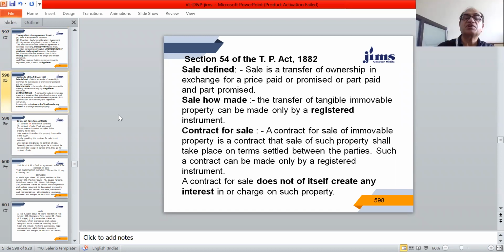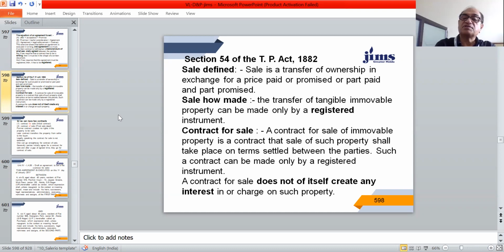Sale is a transfer of ownership in exchange for a price paid or promised to be paid or partly paid and partly promised. How is sale to be made? Sale of tangible immovable property can be made only by a registered instrument.